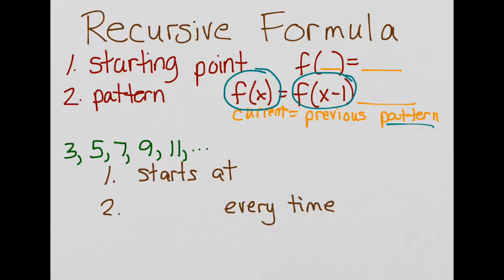It starts at 3, goes 5, 7, 9, 11. Okay, well, let's just use the first term, which was 3. And what am I doing every time? I am adding 2. That's my pattern.